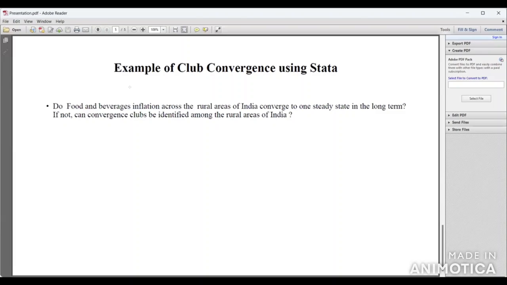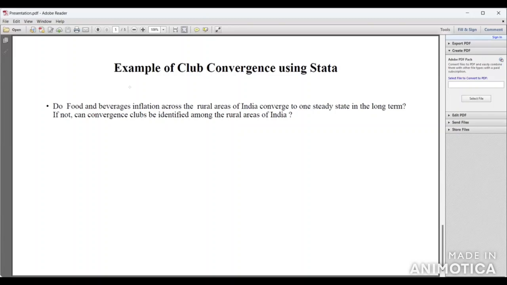For example, if overall convergence is not happening, is there a possibility that some states form one club and other states follow another club? Is there any evidence of that?